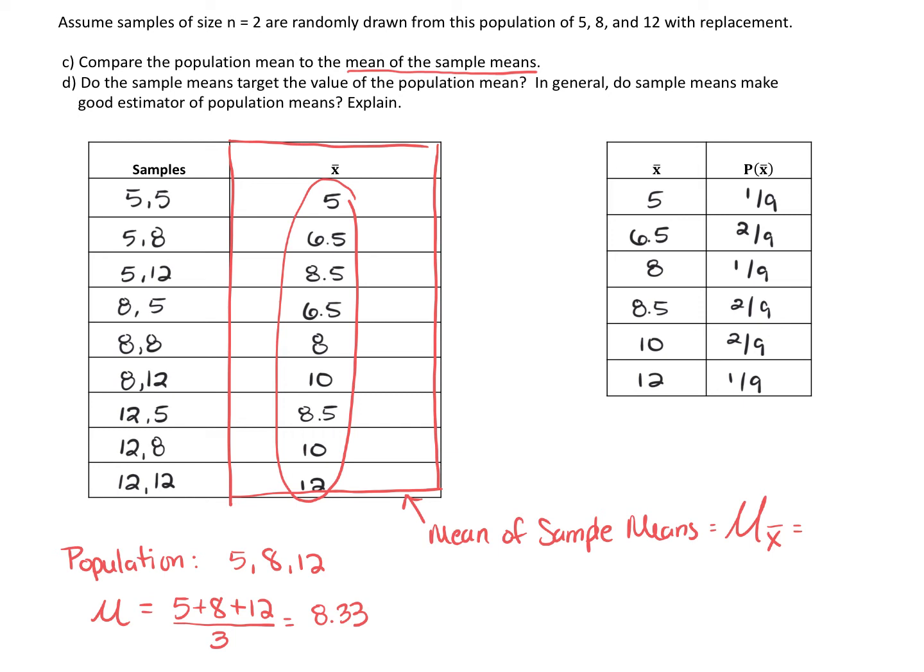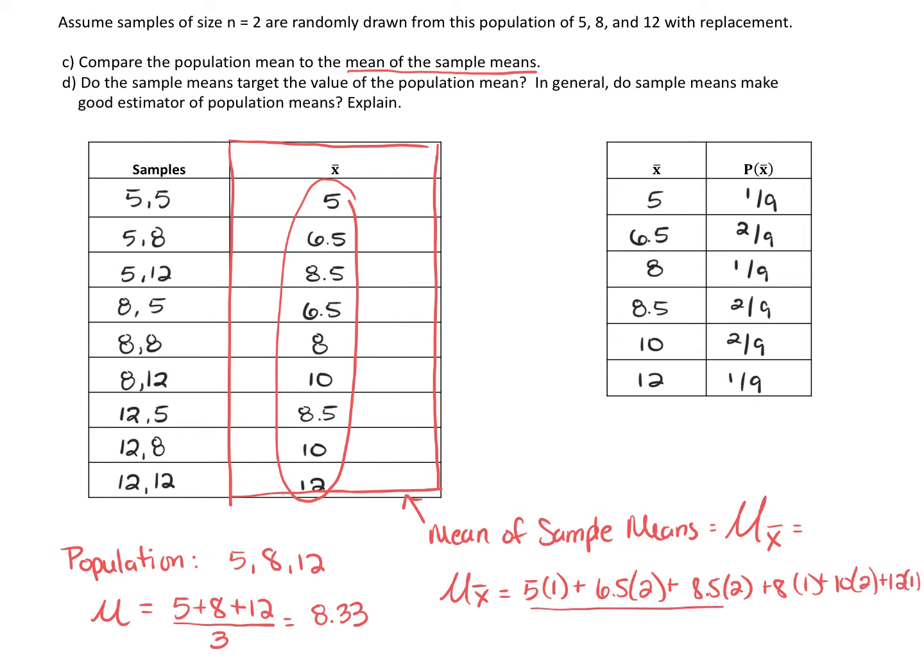And so when we do that, the mean of all the sample means, that's 5 times 1, plus 6.5, there's two of them, plus 8.5, there are two of those values, plus 8 times 1, plus 10 times 2, plus 12 times 1.